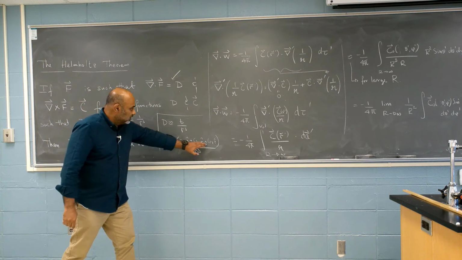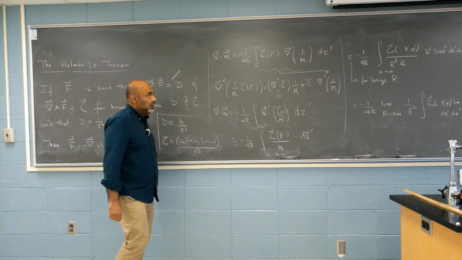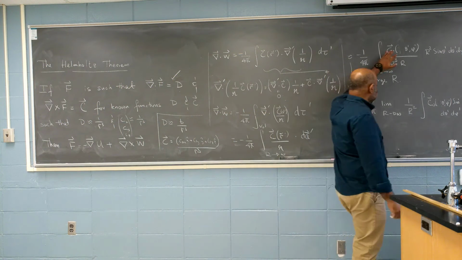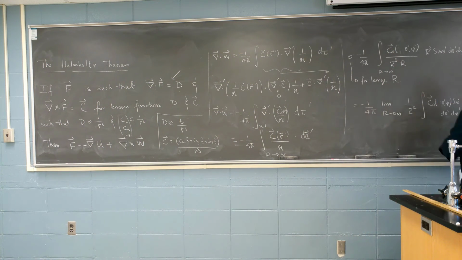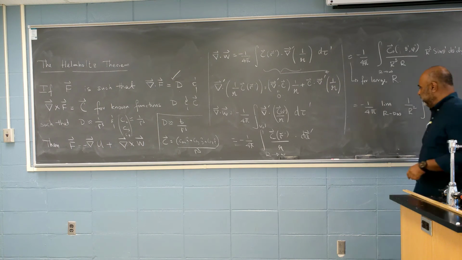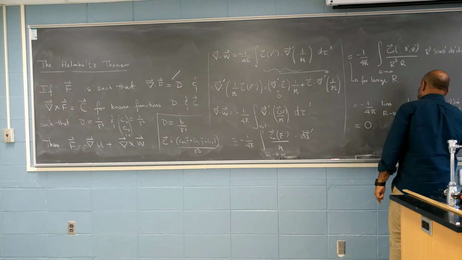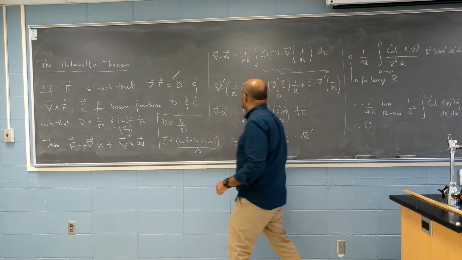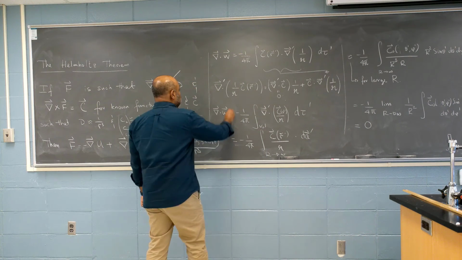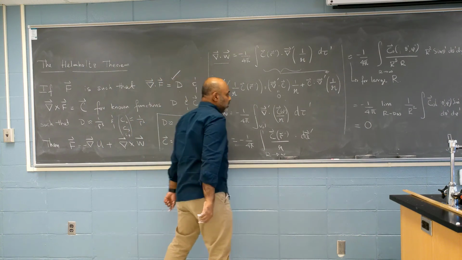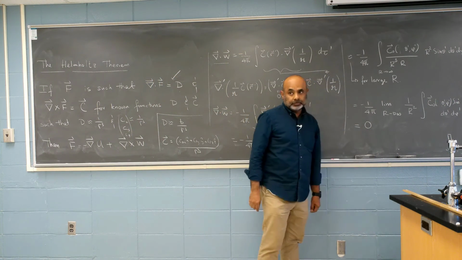And all of these can be functions of theta and phi. That's what I'm saying here. Well, this is just a number. It's 1 over R squared. You let R go to infinity, and you would get 0. That is all that was left to show. I had to show that the divergence of W was 0.